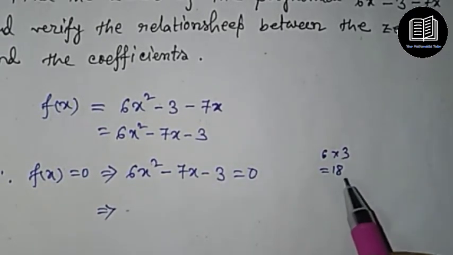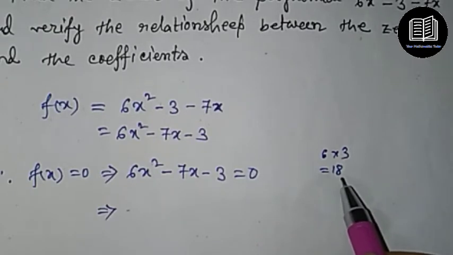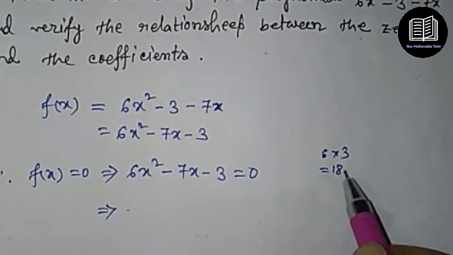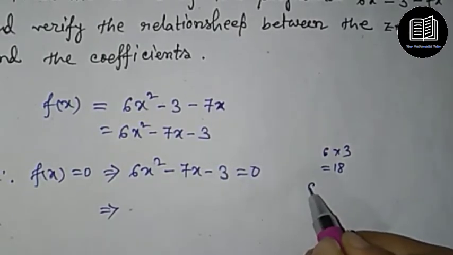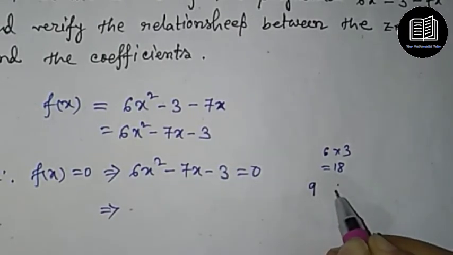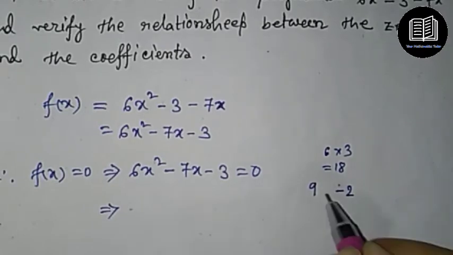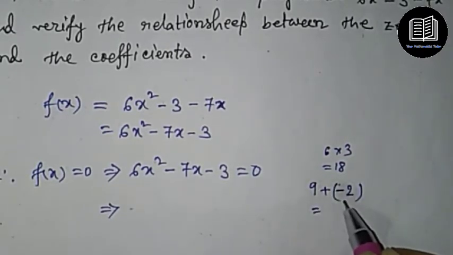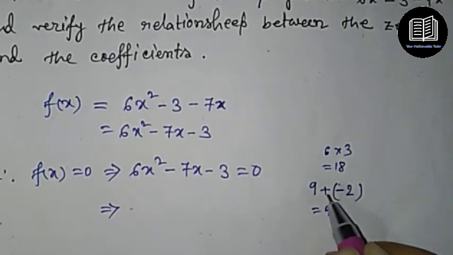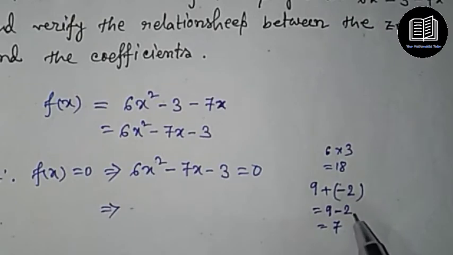Okay. Now think of two integers whose product is 18 and sum is 7. See, 9 and minus 2. These are two integers. What is the sum of these integers? 9 plus minus 2, that is 7, correct?